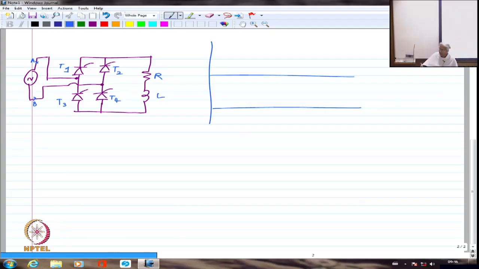So if I am looking at the supply voltage somewhat like this, and if I am going to assume that I am firing 1 and 4 at a firing angle of alpha, then I have to fire the other 2 at pi plus alpha so that it will be symmetrical. I will have symmetrical way of firing this.